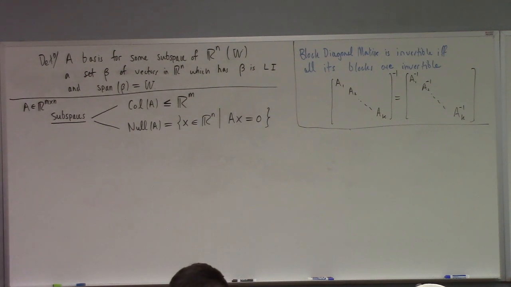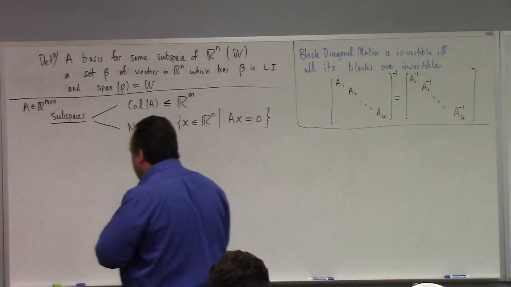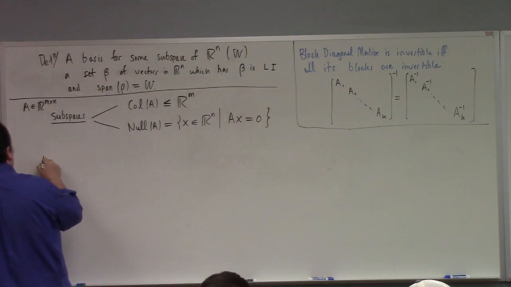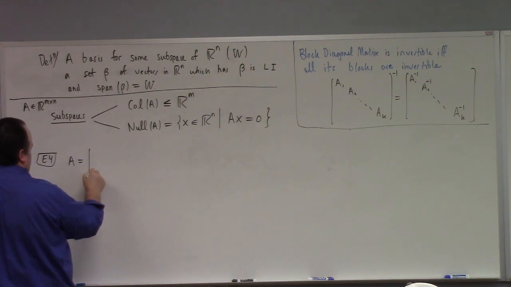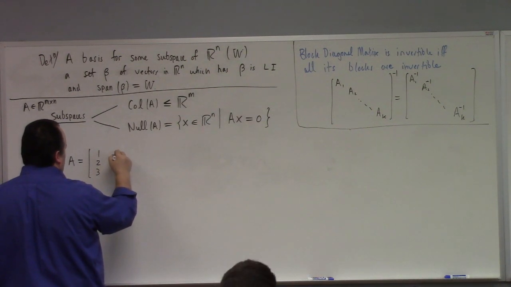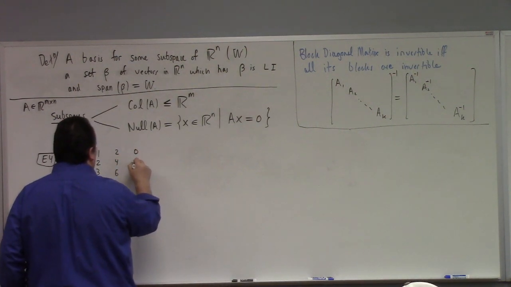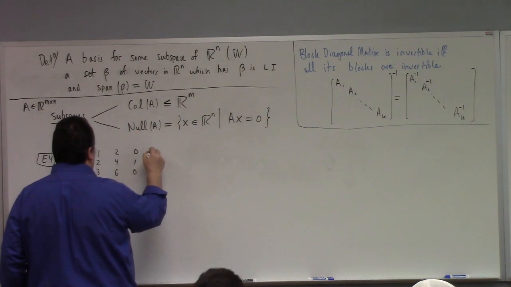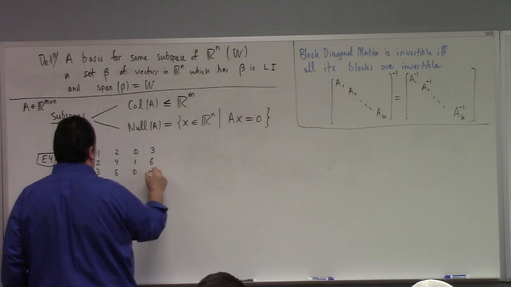So let me do example 4 here, and actually do that for a specific example. Suppose A is 1, 2, 3, I don't know, 2, 4, 6, 0, 1, 0, and finally 3, 6, 9.